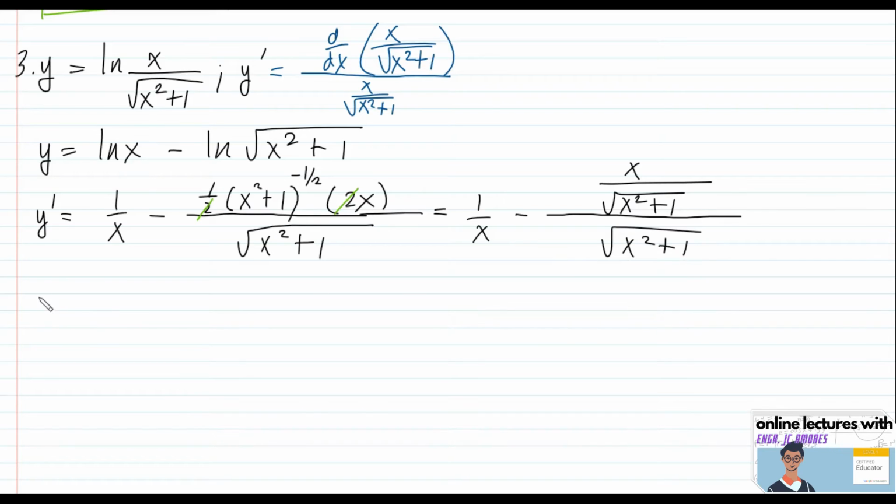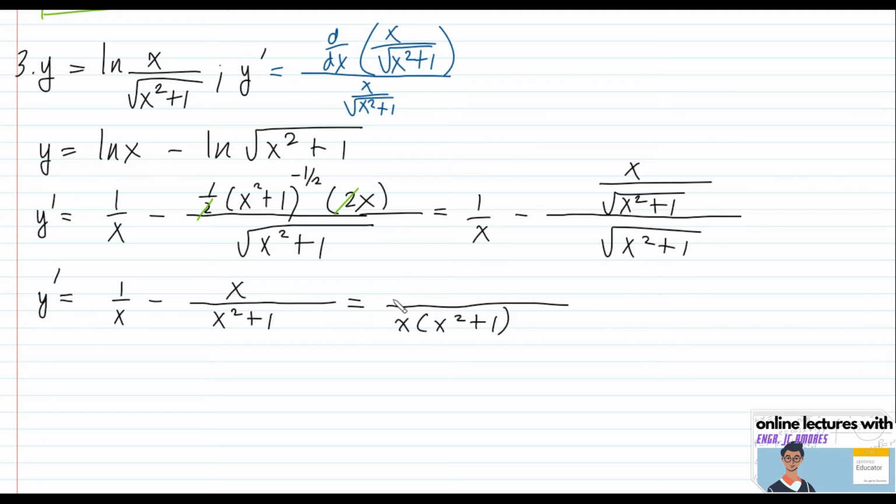So what will happen is that you'll have 1 over x minus this, and the x squared plus 1 here will go to the denominator. If you add the exponents, it will be 1 half plus 1 half, and that would be 1. So the numerator is simply x, and we could get the LCD as x times x squared plus 1.